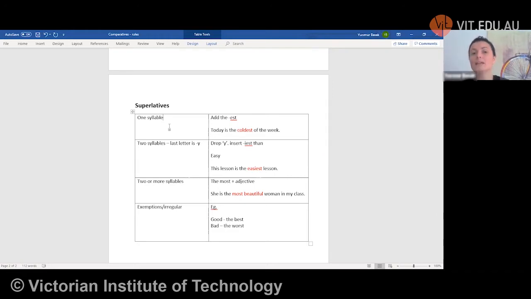Okay? So the way we form it is that, again, we look at the syllables. If one syllable, we write the EST at the end. For example, the coldest. I'm just going to put them in red so it's easier to understand.